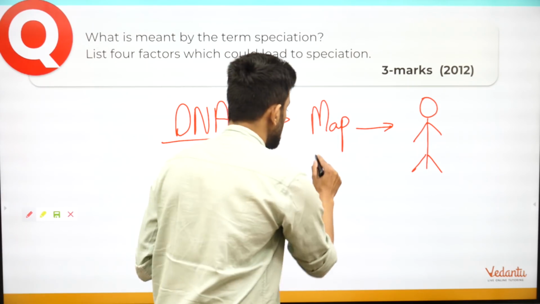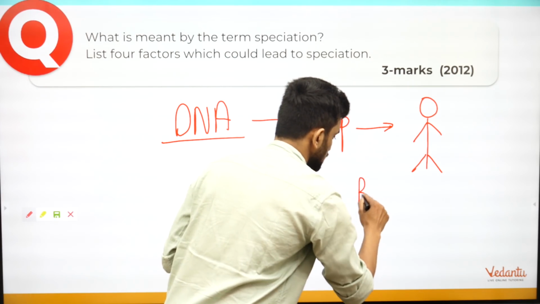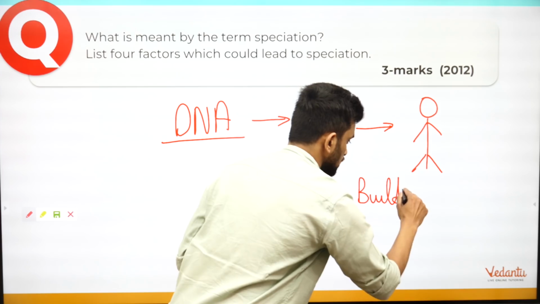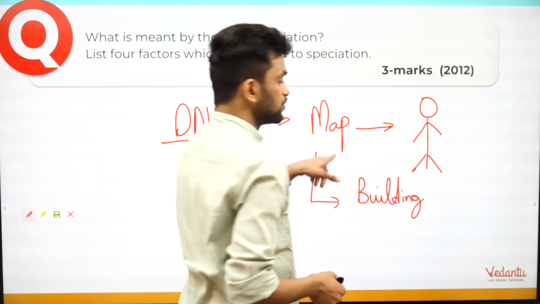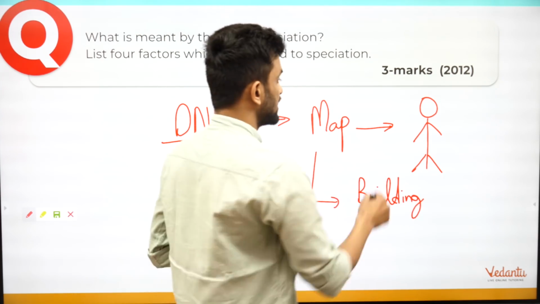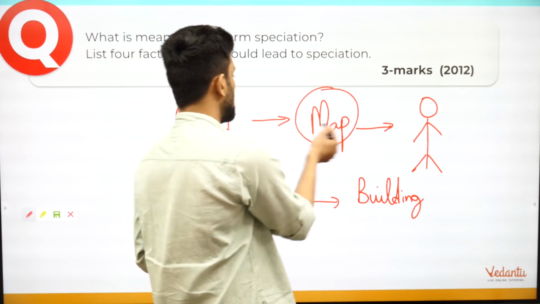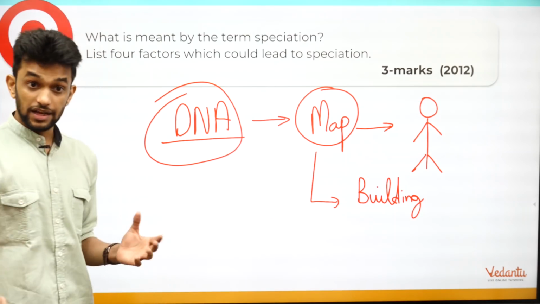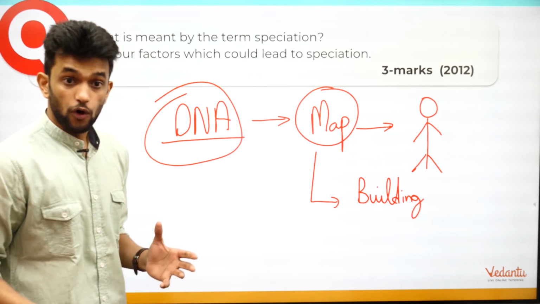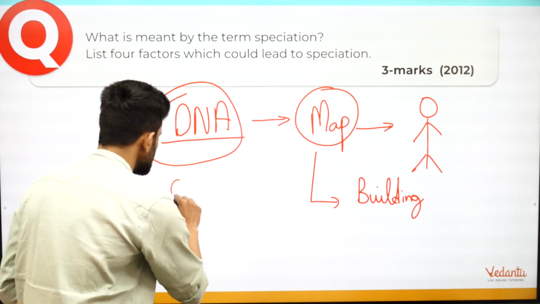When you are making a building, what do you need? You need a map. Similarly, whenever you are making a human being, you need a map. What is the map called? DNA. Are you able to follow? Now people, tell me, what is a gene?